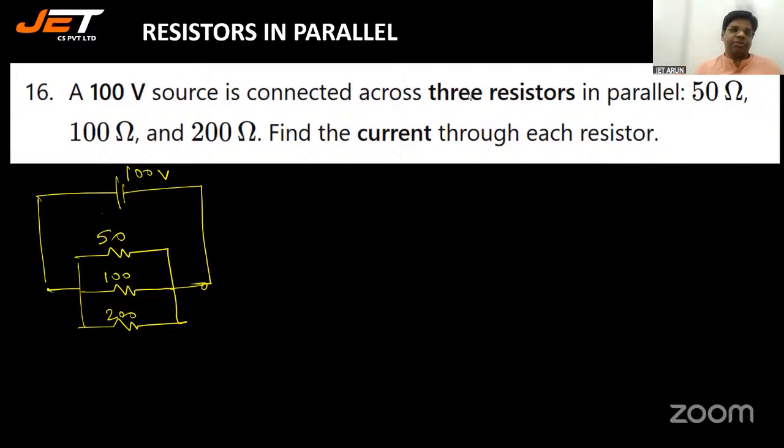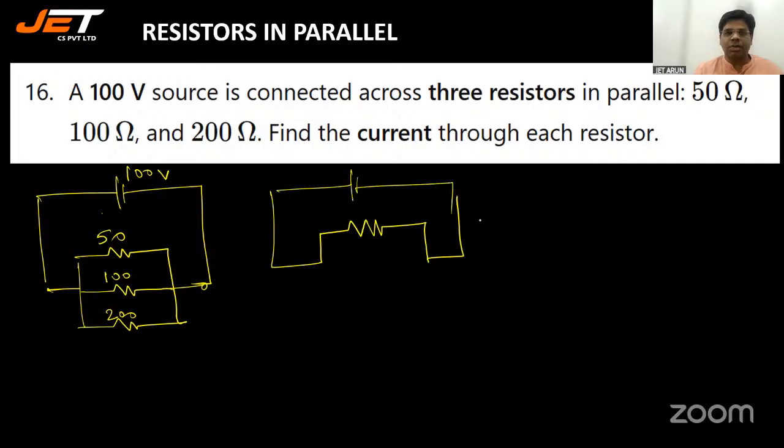All right. Let me show you. Now this 100-volt battery will supply current independently to each of these resistors. So if I want to find out the current through 50, all I have to do is consider it as if the others are not present. Through 100, as if only 100 is present.